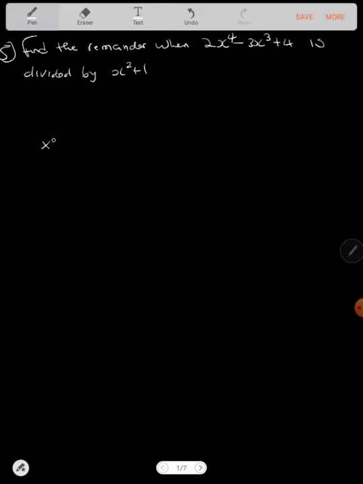So, x squared plus 1. Do this. Now you look at it: it has jumped directly from x to the power 4 to the next term, so we are going to have this minus this, plus 0x squared, because we don't have x squared there.